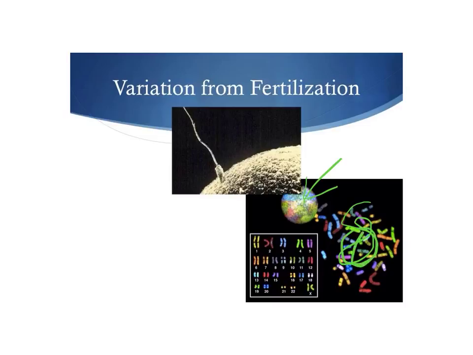So instead, we're going to take it and we're going to organize it into a fashion by size. And we call this picture of all the chromosomes inside of a single cell a karyotype. So this karyotype really shows us the variation that this organism has. It's very, very unique to this organism only because it's a combination of the sperm and the egg that was created through the process of meiosis.